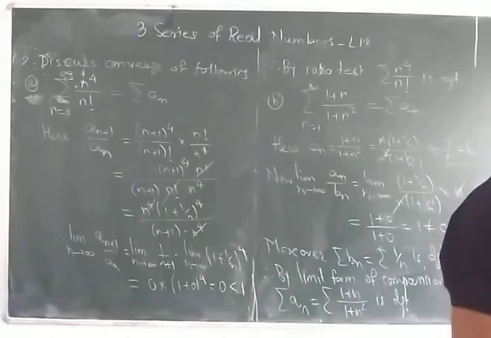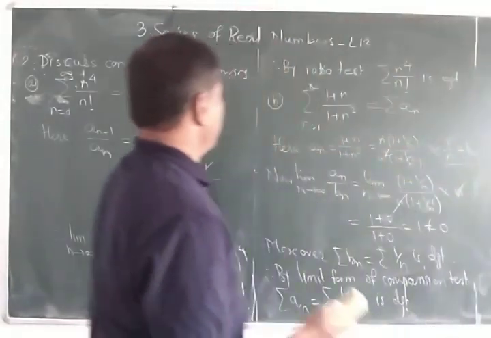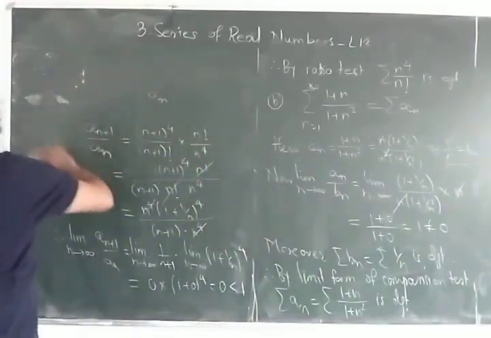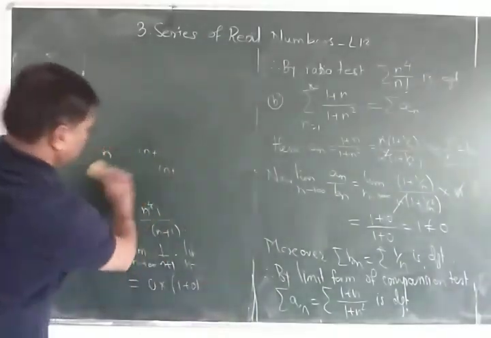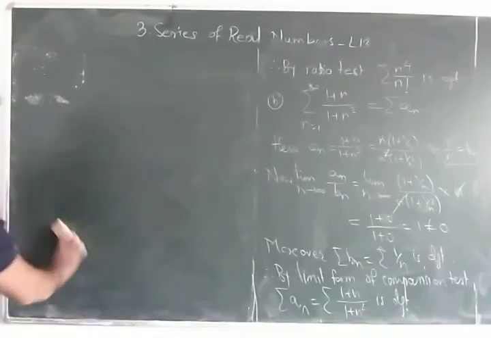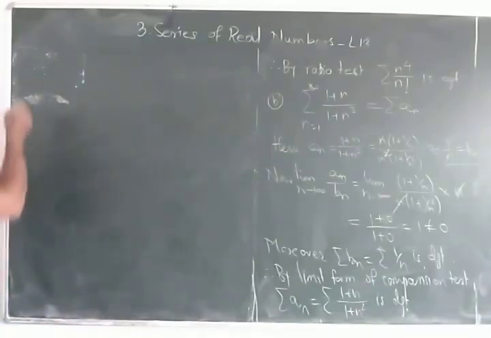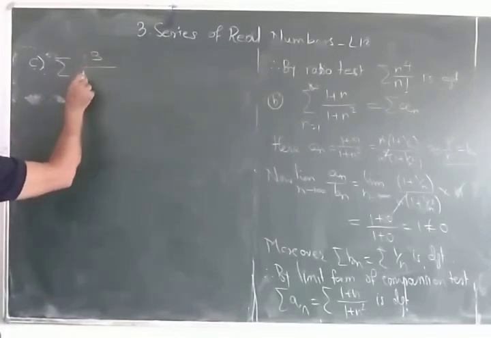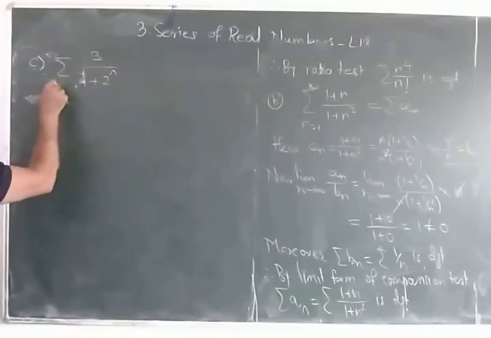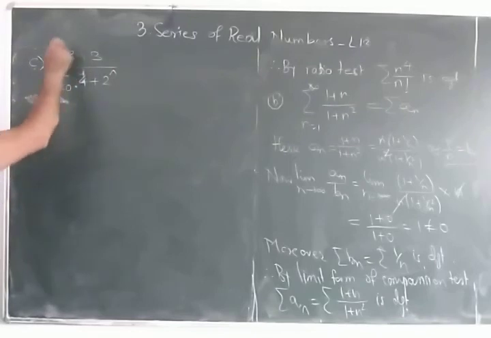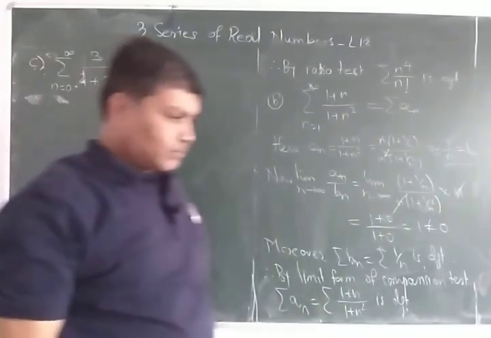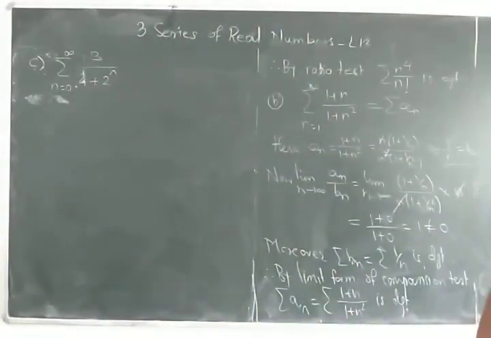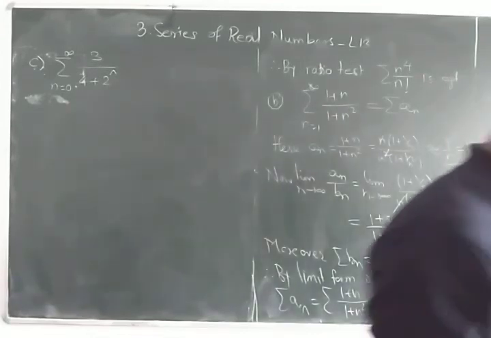Summation of 3 upon 4 plus 2 raised to n, n equal to say 0 to infinity or 1 to infinity, that doesn't matter.